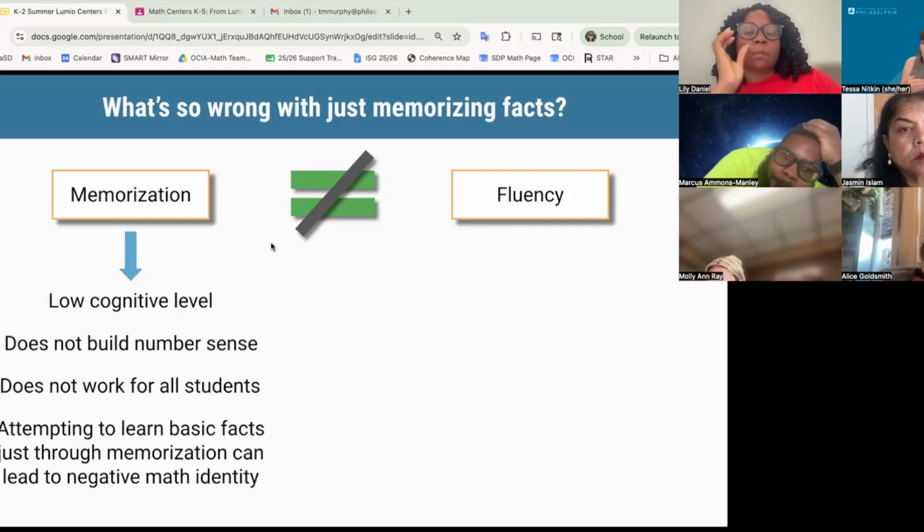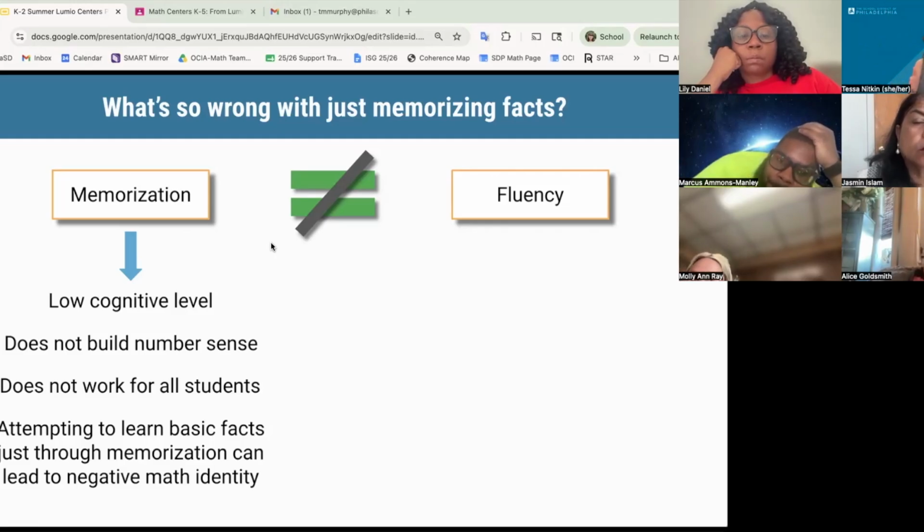So memorization is a real barrier for a lot of students, and that affects their math identity, right? If I'm thinking about math as just my ability to remember flashcards and I'm not good at that, now I'm thinking I'm not good at math. And that's a really small part of math. And we'll see in a moment, it doesn't need to be what makes a student successful in math.